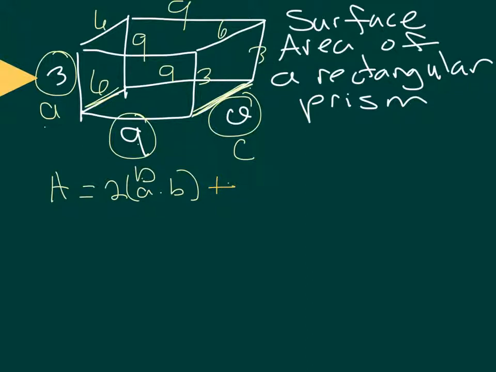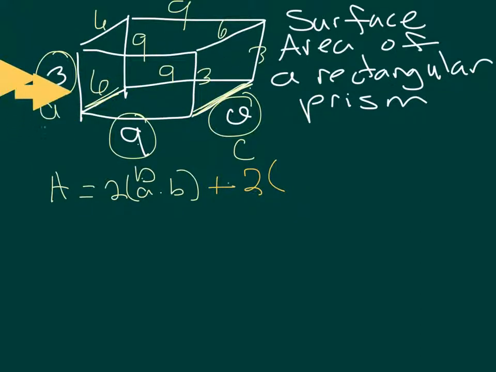Plus, we've got to get the other 4 sides of the rectangular prism. So then we come over here, and we're going to take 2 times, we already did the front and the back, so let's do these 2 sides that are congruent to each other.